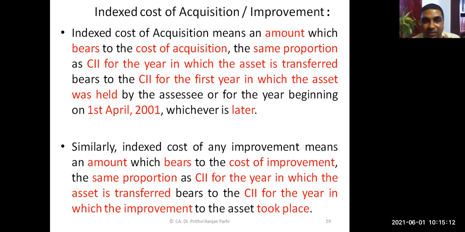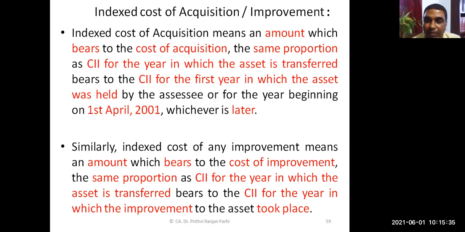Cost of inflation index is available from 1st April 2001. Prior to that, you cannot do indexation. You have to take the value from 1st April 2001. So even if the acquisition is earlier, you have to do indexation from 1st April 2001 onwards. That concept I will also be explaining.